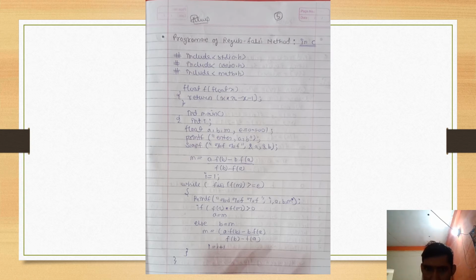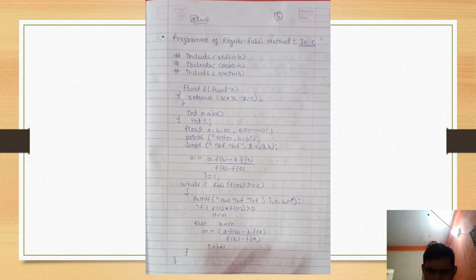i is the iteration, a and b are the two values that we have taken before when we started the question, and m is the point on the x-axis that is cut by the chord joining the 2 points of a graph.